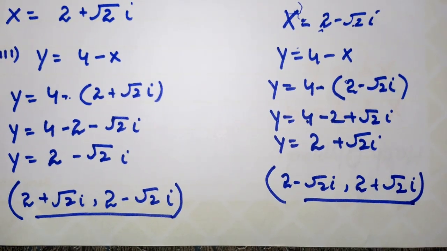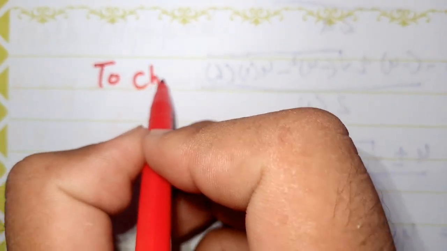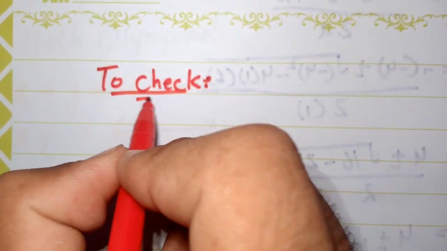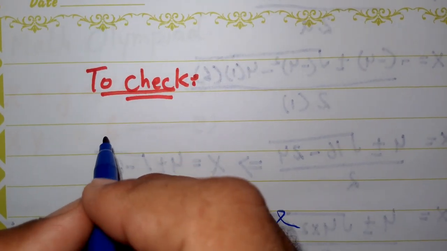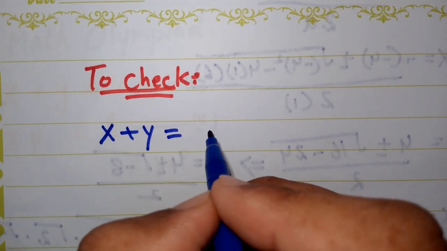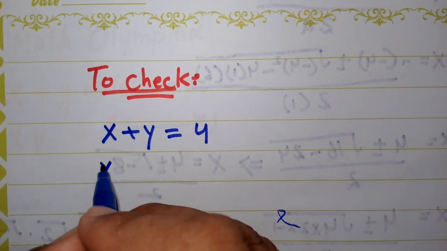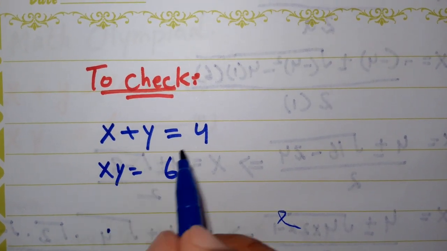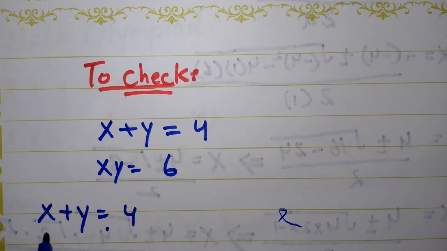Now we have to check our answer. We know that the question is x plus y is equal to 4 and xy is equal to 6. First of all we have to check x plus y is equal to 4.